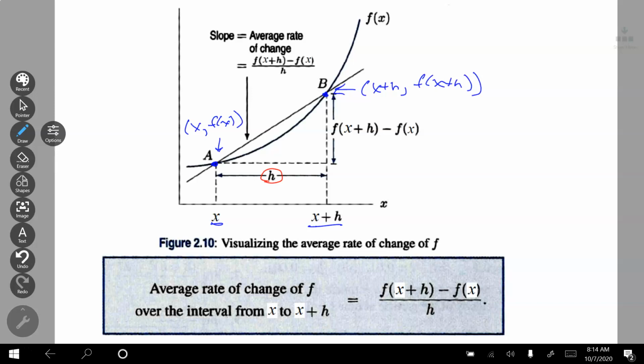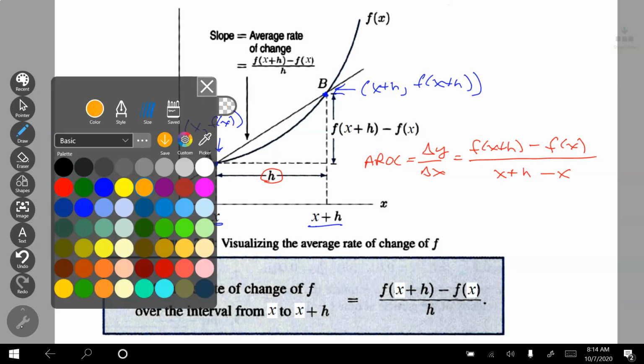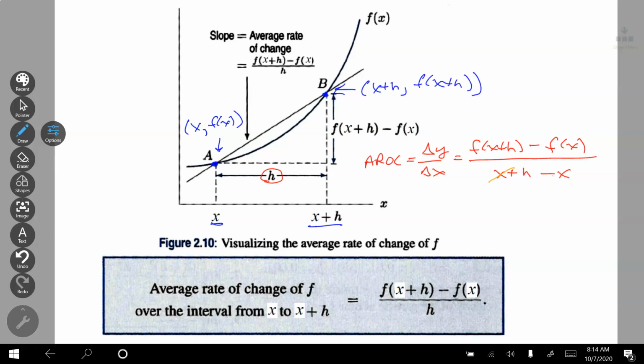So when I do slope, my average rate of change, change in y over change in x, equals, well, y2 is f of x plus h minus the first y, f of x, over x plus h minus x. If I notice in the denominator, these x's cancel out, and I just get this formula right here.